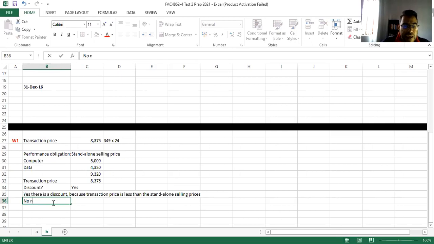So we will say no need to allocate the discount because the discount is applicable to all performance obligations.